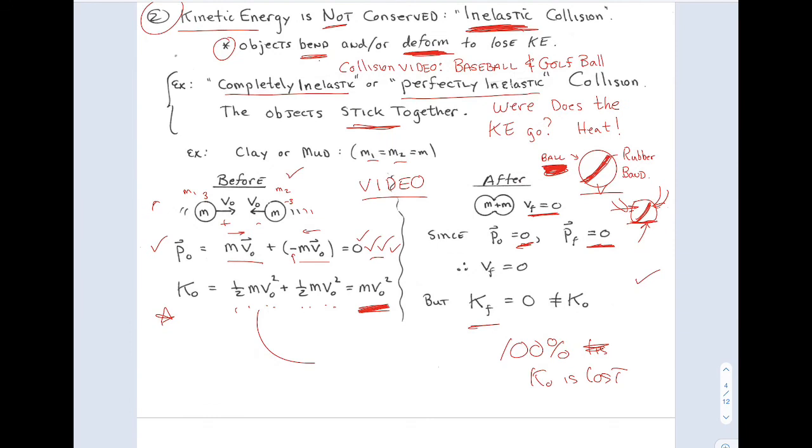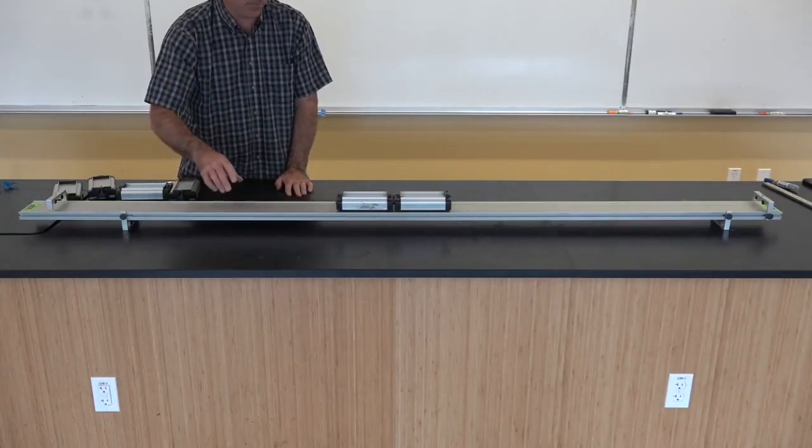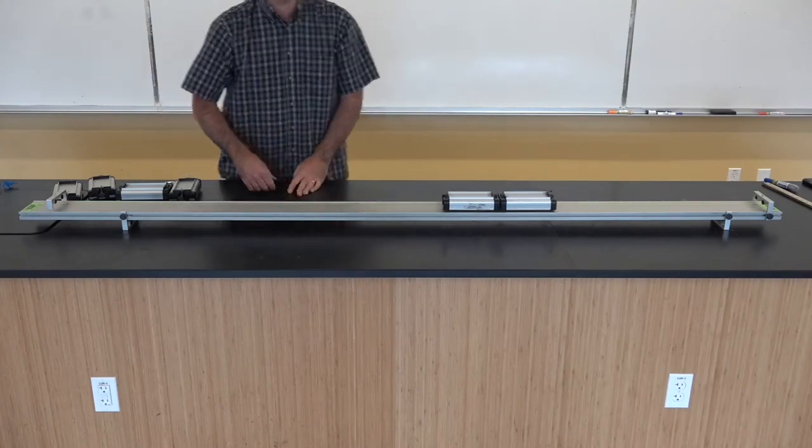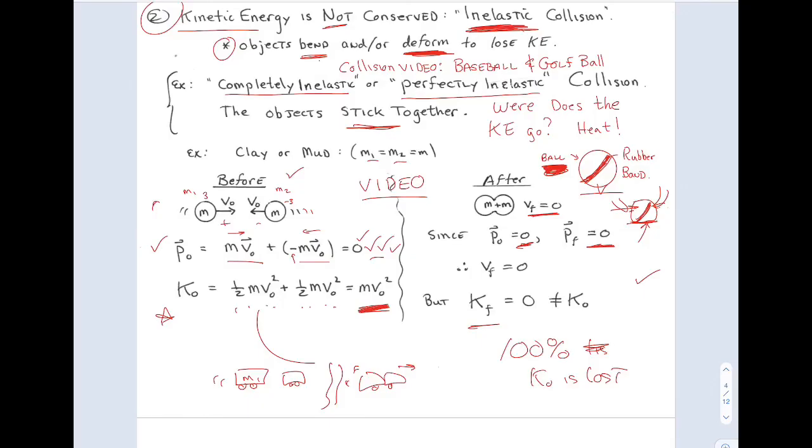I'll also show you a video where one car comes in and collides with another car that's not moving, and then they both move off at one common speed, stuck together. So that's an inelastic collision.